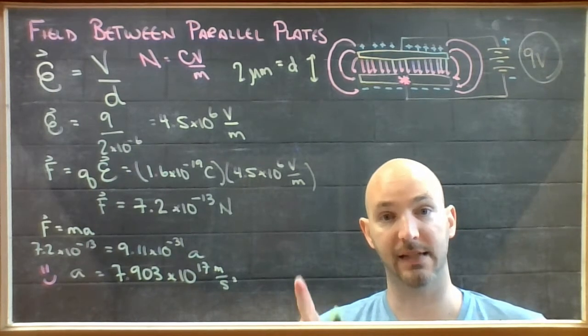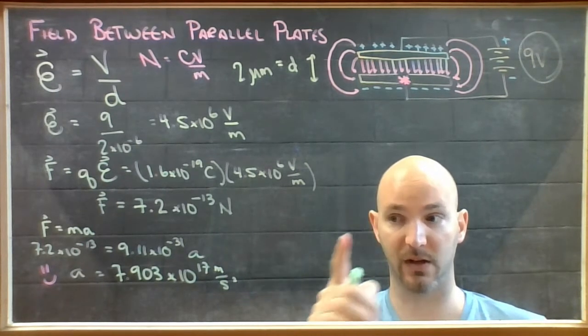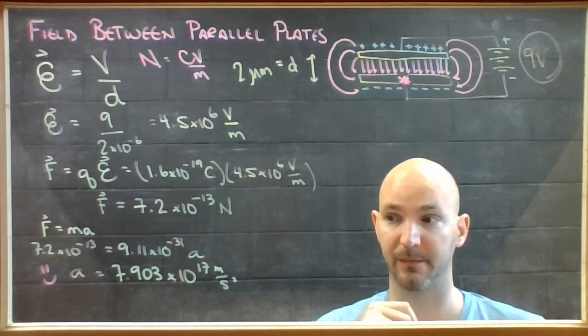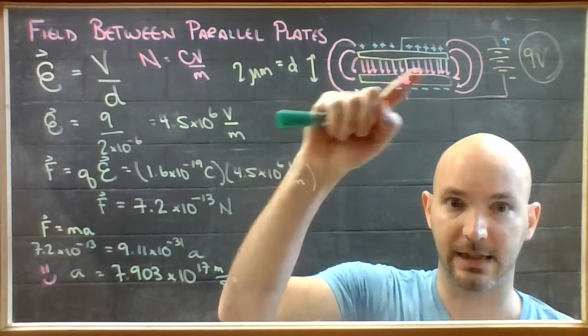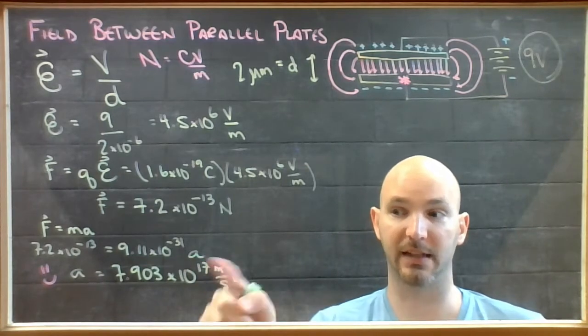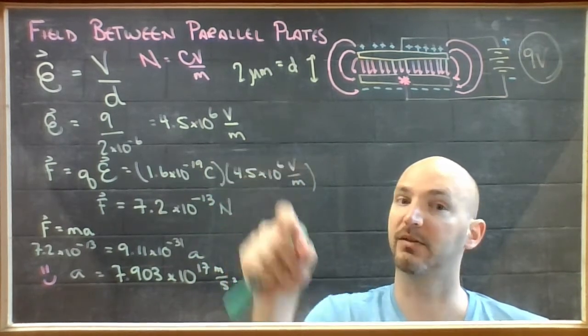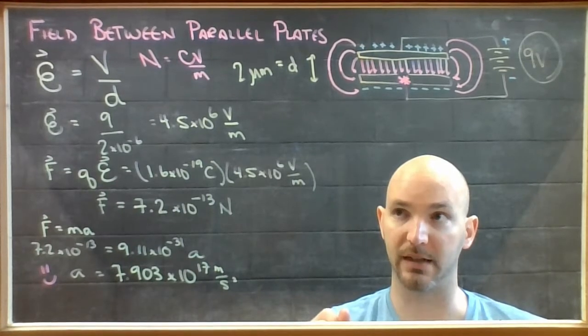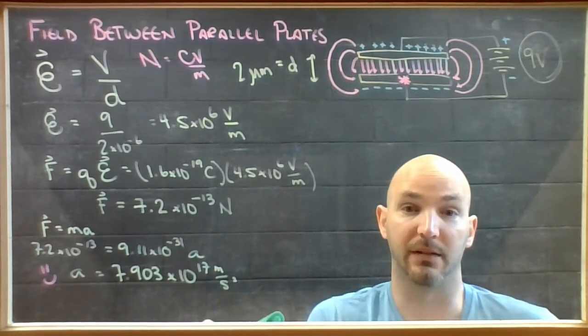Yep. In less than a nanosecond, this electron would have achieved the speed of light, which it can't inside the capacitor, because if you're accelerating at this kind of rate, it doesn't take you very long to cross a 2 micrometer wide capacitor. So why don't we answer those questions, right?